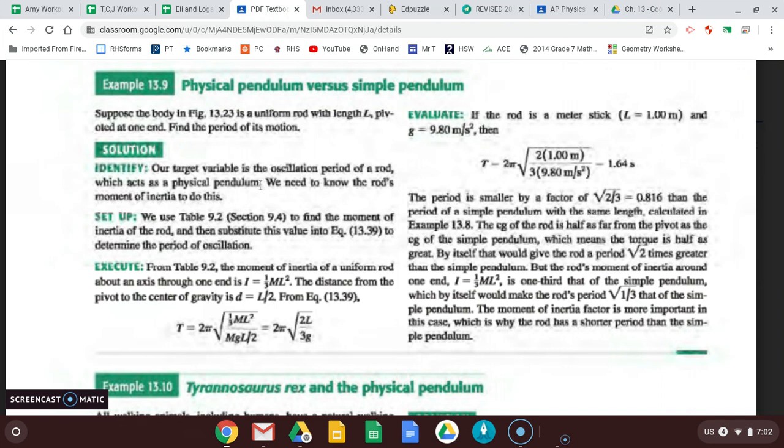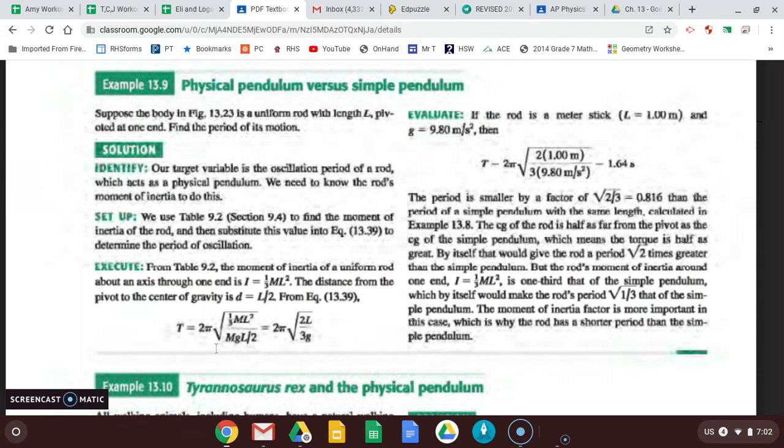So since there is just a rod swinging, we use its own center of mass, which is in its geometric center, which would be half of its length. So that's where this L over 2 is coming from, to avoid any confusion here. So that d in that formula represents the distance the center of mass of the system is away from that point of origin where it's swinging from.